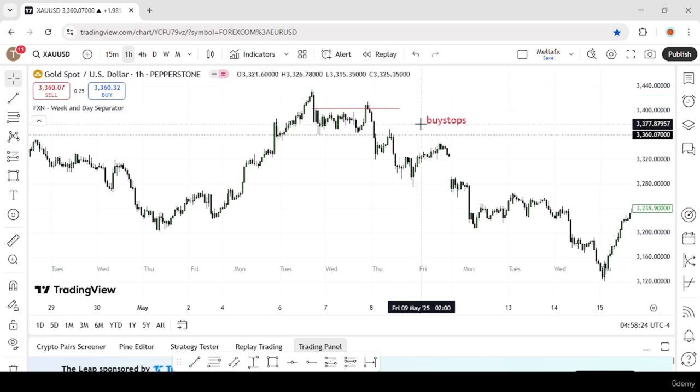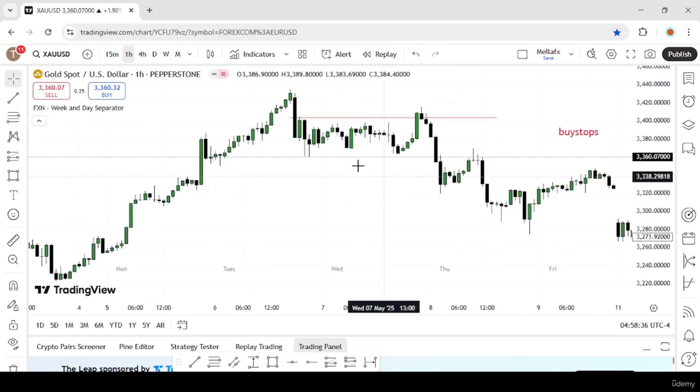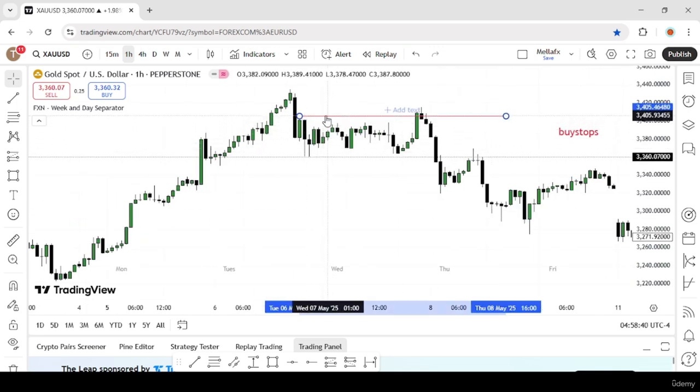What I usually like to see before entering any market is for liquidity to be triggered. What I mean by being triggered is, you see, in this scenario, we see that there was a certain consolidation that occurred at this specific time.